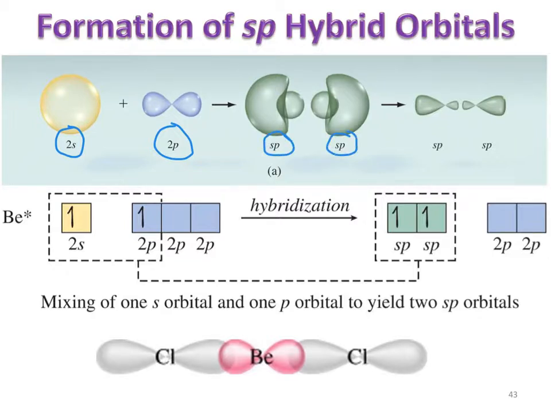This first balloon arrangement is a fairly large one. The second one gives us a little better feel for it over here with these sp orbitals. One pointing to the left and the other pointing to the right.